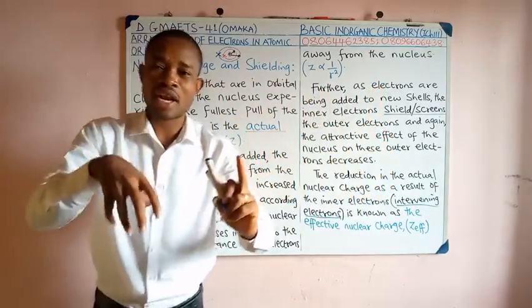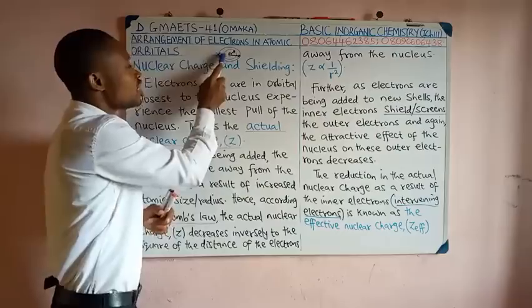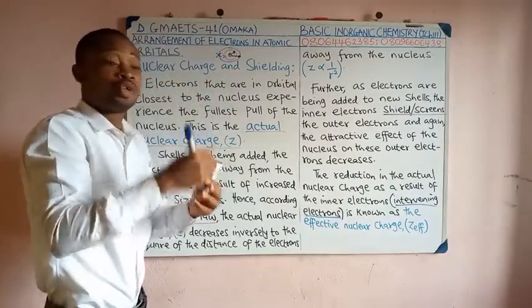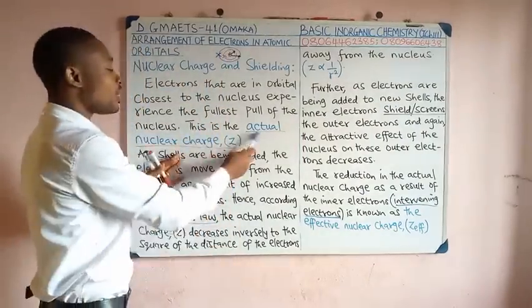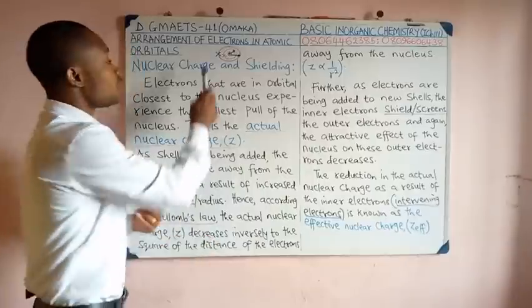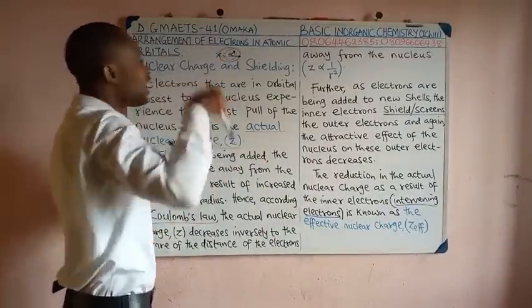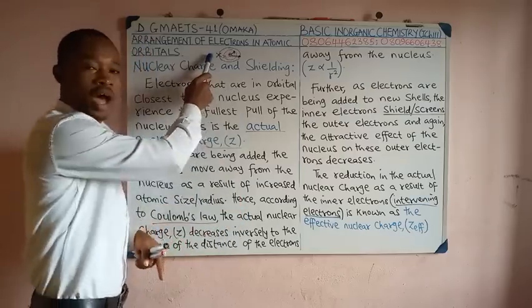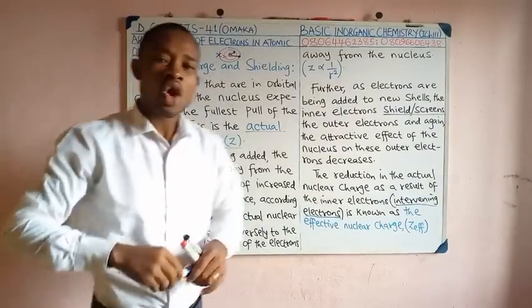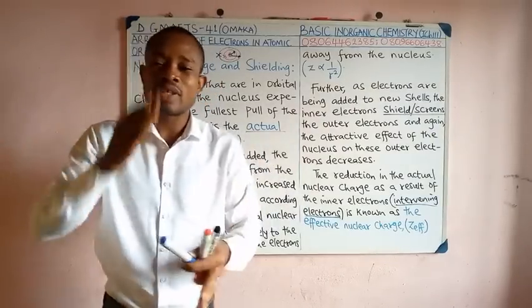So the point I'm trying to highlight here is that the inner electrons also help to reduce the actual nuclear charge by doing what? Repelling the outer electrons away so that the nucleus will have less pull on the outer electrons. All of these things being explained, what is the main point?